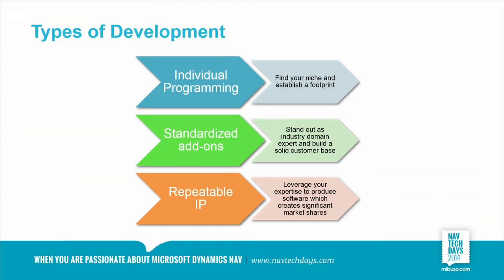And we try to stand out as industry domain experts and build a solid customer base based on one market segment. And the phase of repeatable IP, which has begun, but actually is only beginning now, is that phase where your partner organization wants to leverage the market segment that it's created to produce software and really create significant market shares.